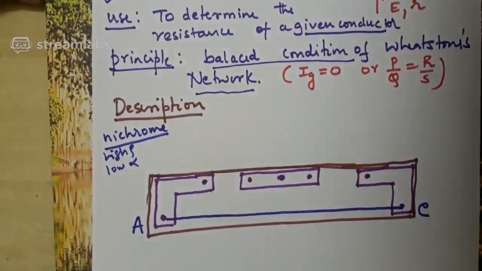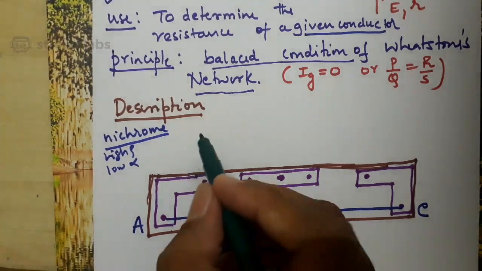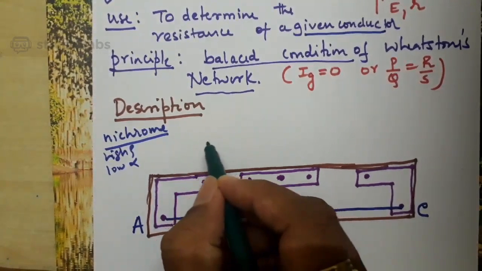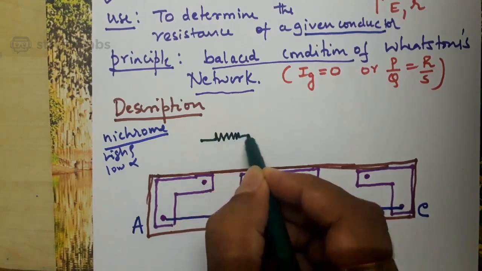Okay, let me start with the connections to perform the experiment. So, the conductor whose resistance has to be determined, you are supposed to connect across the left gap of the meter bridge.